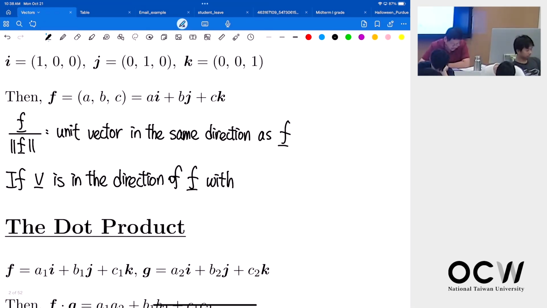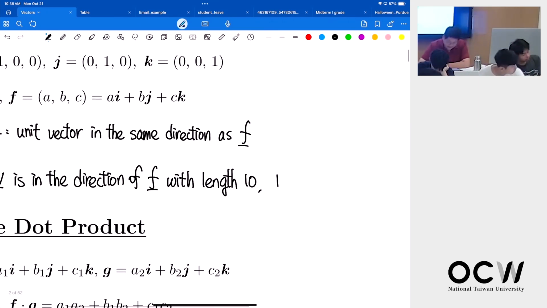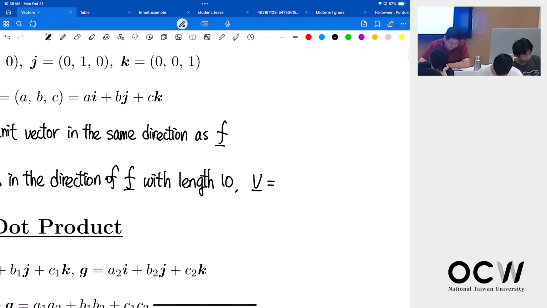So here I say that it has length 10. How do I describe v? Then v will be 10 times the unit vector in the f direction.